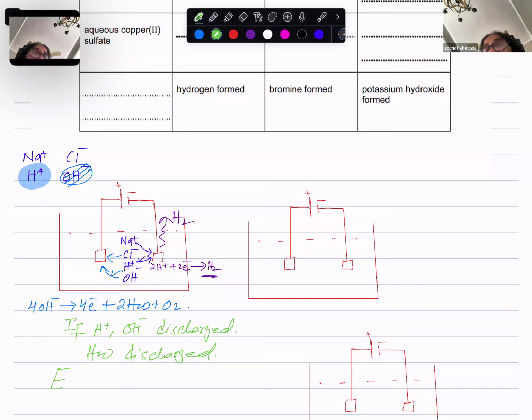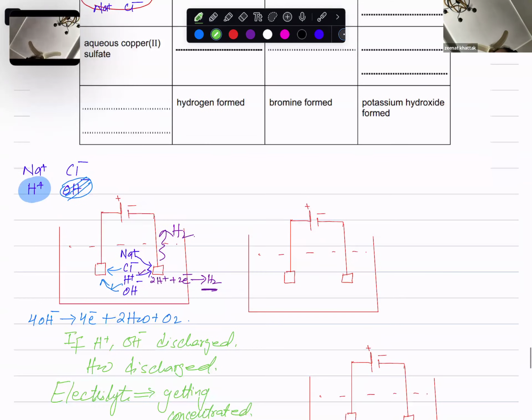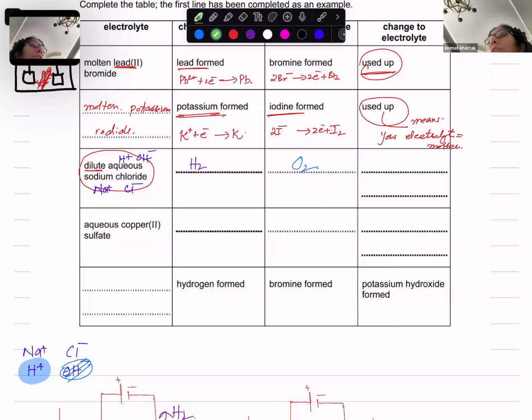Water is lowered down, and the electrolyte is getting concentrated. Even though it was dilute, the NaCl becomes concentrated.